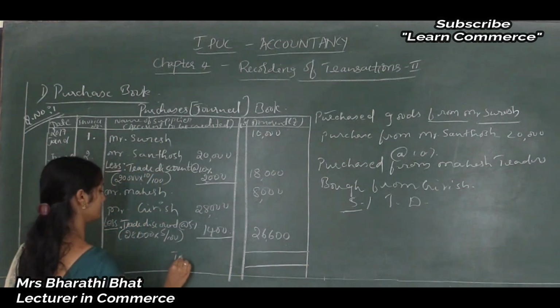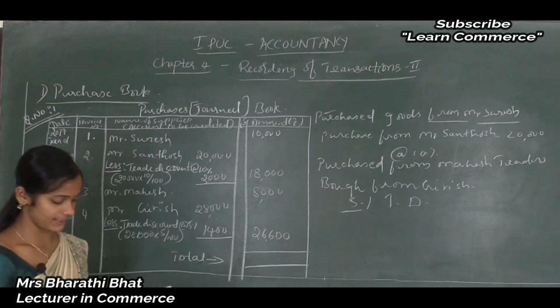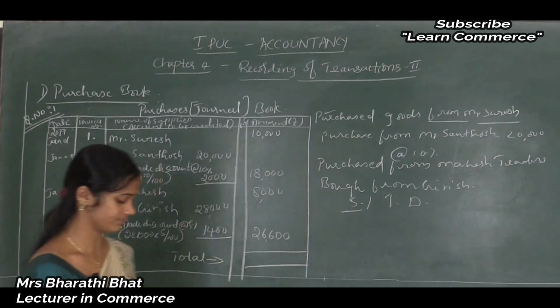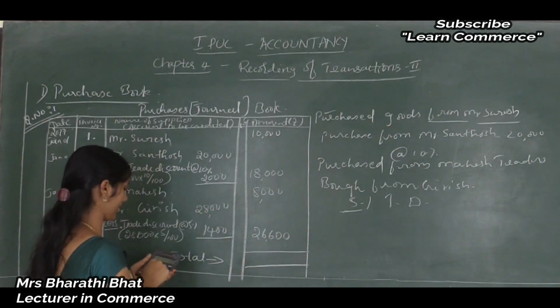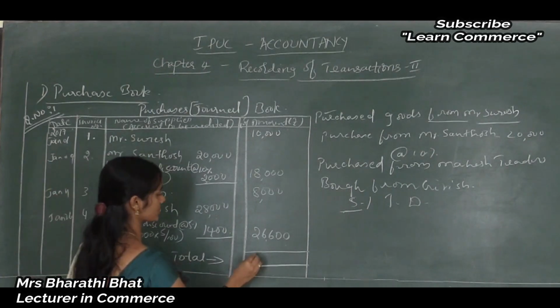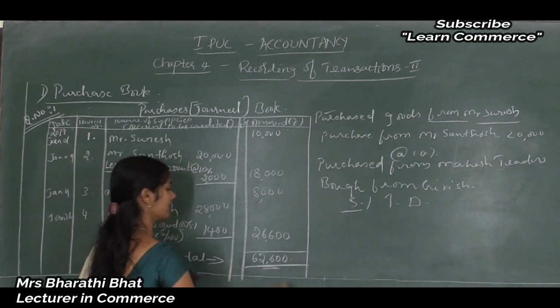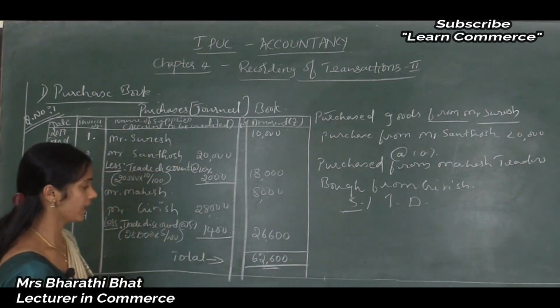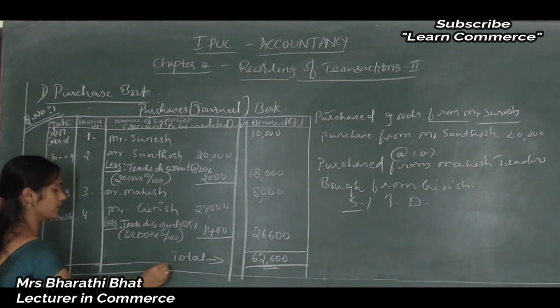Total: 10,000, 18,000, 28,000 plus 8,000 plus 26,600. So 62,600 is total purchases.